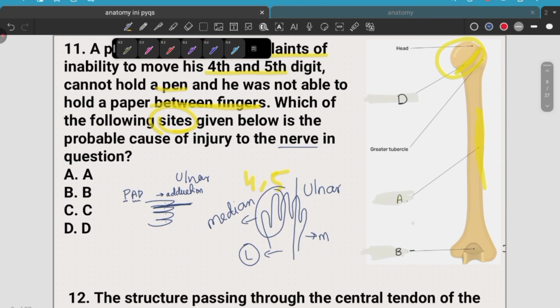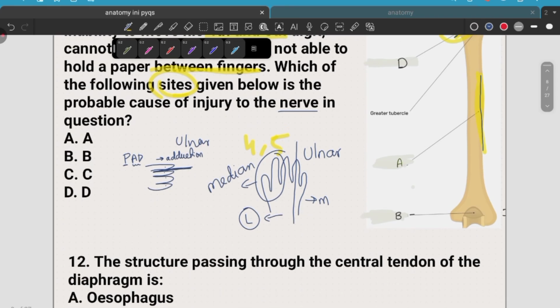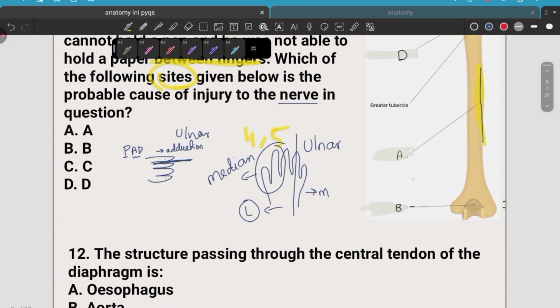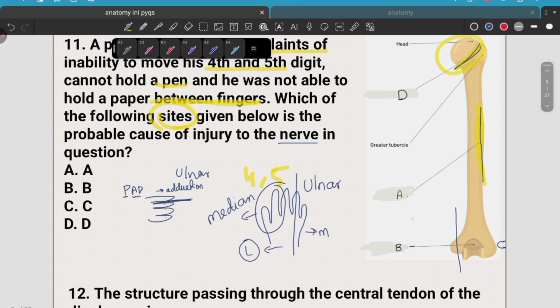So they have given a bone picture here. D is the neck of the humerus bone. A is the radial groove, and B is the medial epicondyle. How to know medial? The neck side will be the medial side, and C is the lateral side.